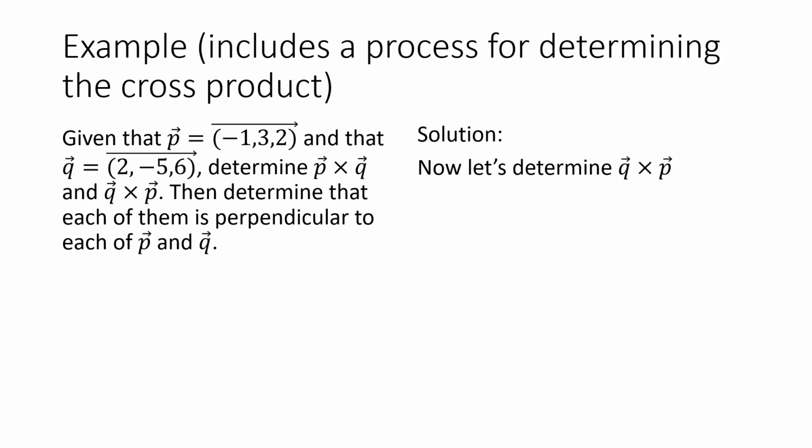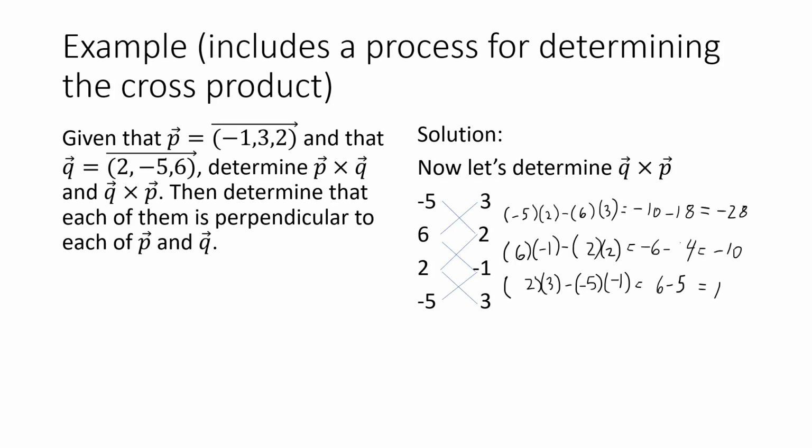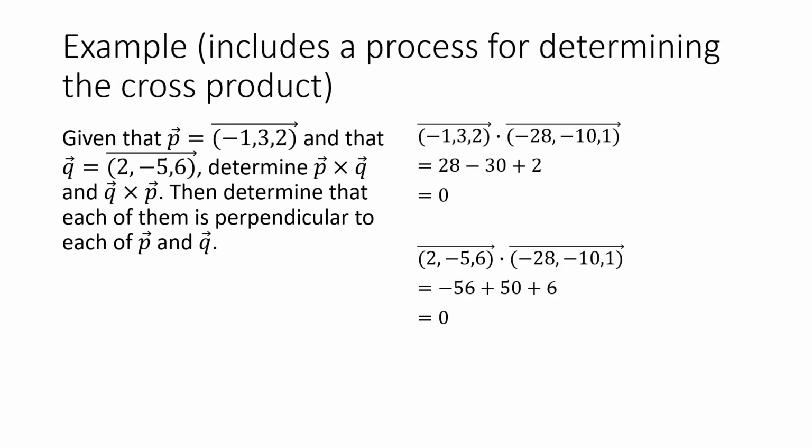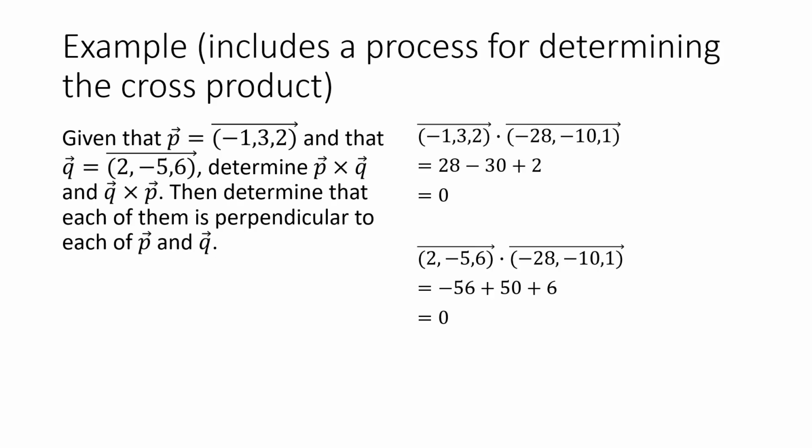But what if we want Q cross P? Well, then in that case, we'll just switch the columns. Left becomes right, right becomes left. And again, we'll do down minus up. And when we do that, we get -28, -10, +1. And you might recognize that that's exactly the opposite vector of P cross Q. But it's also perpendicular to each of the two given vectors because the dot products equal 0.